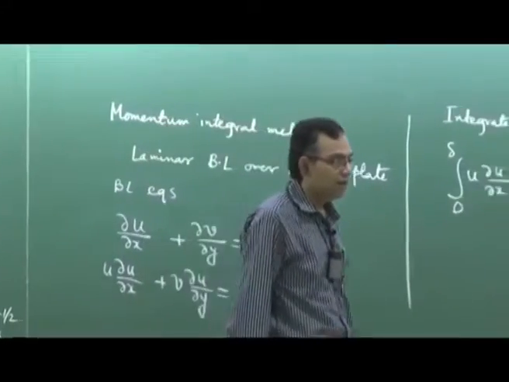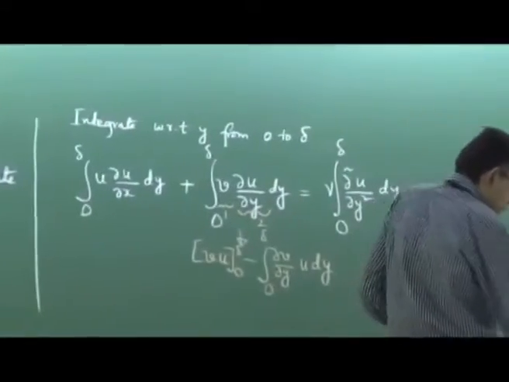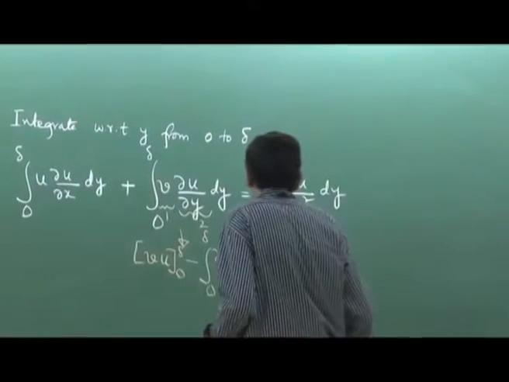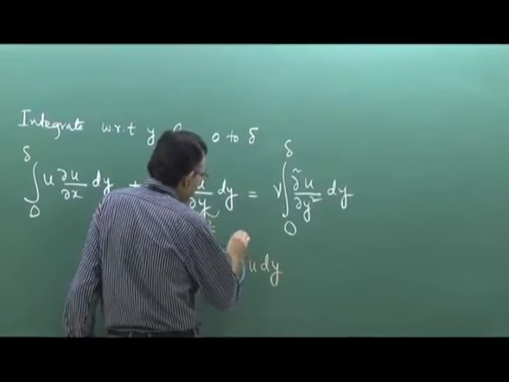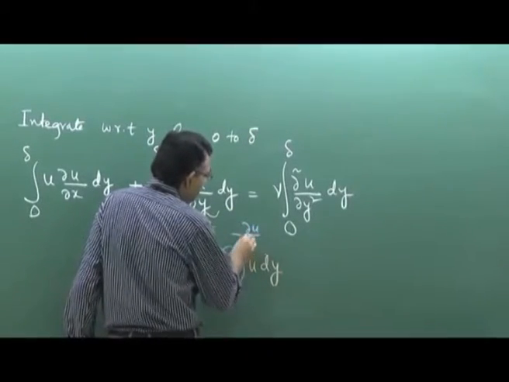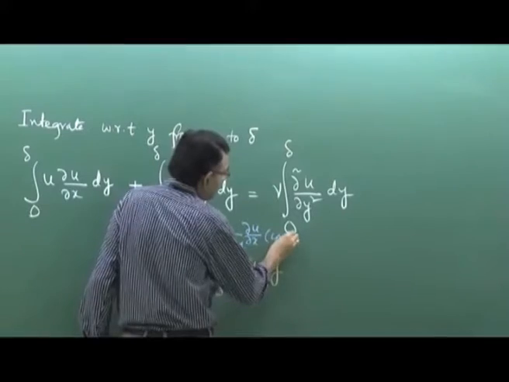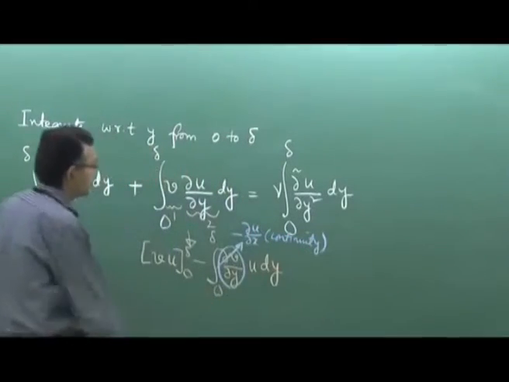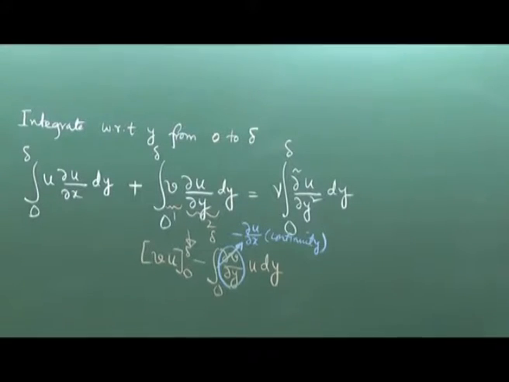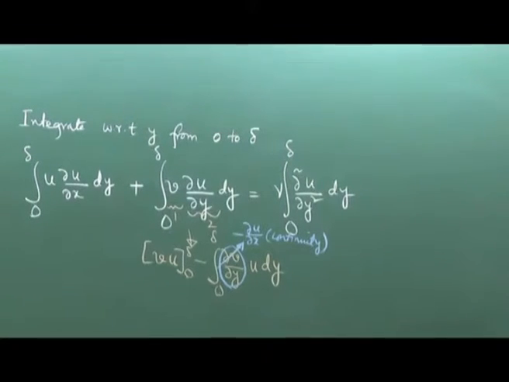Okay. Now we can write that this del v del y is nothing but minus of del u del x. Why? This is because of continuity: del u del x plus del v del y equal to 0.